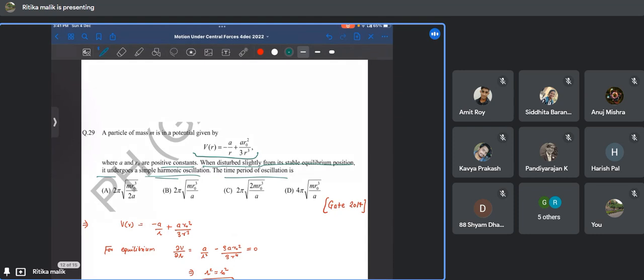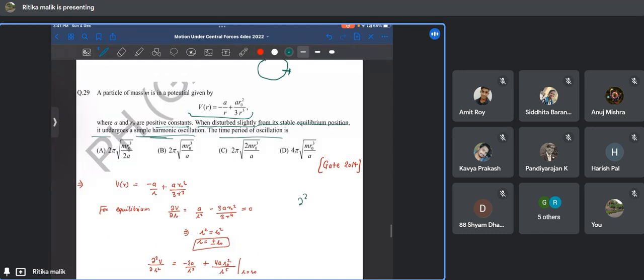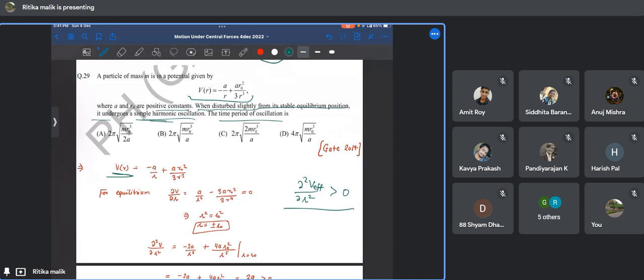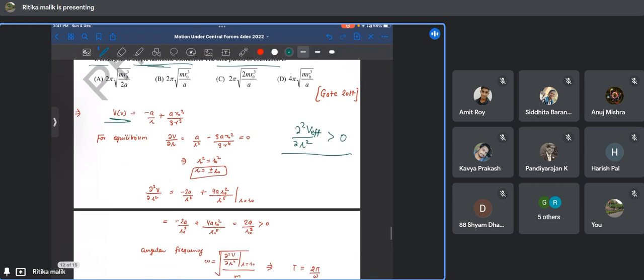So generally, if you have a particle which is moving under some central force in a very stable orbit and you slightly perturb it, it will give simple harmonic oscillation if it is in stable equilibrium condition, and that means del 2 V effective by del r squared should be greater than 0. So we know our V(r), we calculate V effective. Actually, I haven't calculated V effective here.